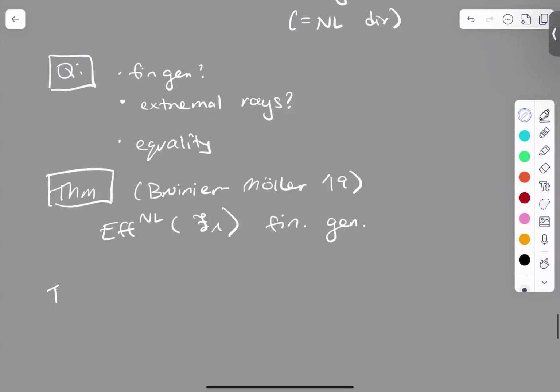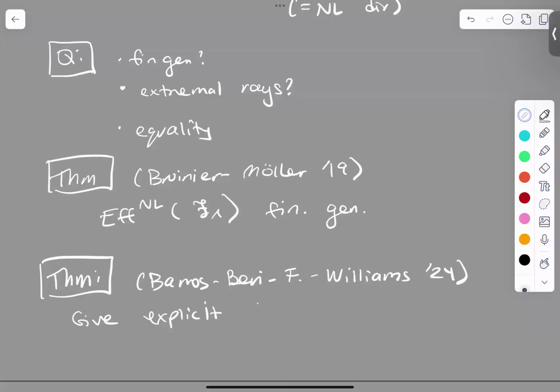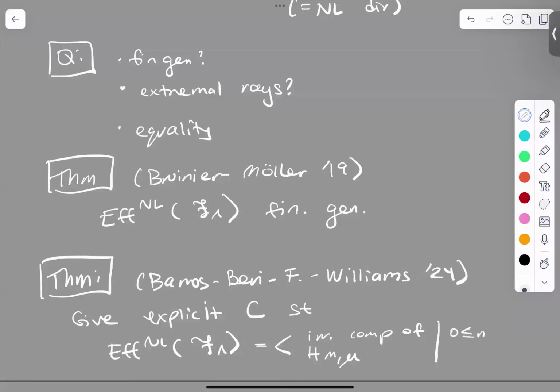The theorem that I'll mention today, which is due to Ignacio Barros, Pietro Beri, myself, and Brandon Williams from earlier this year, actually gives an explicit number bound such that this cone of Heegner divisors is generated by the irreducible components, at least, of some finite collection of Heegner divisors.